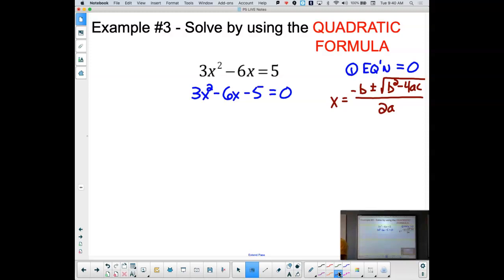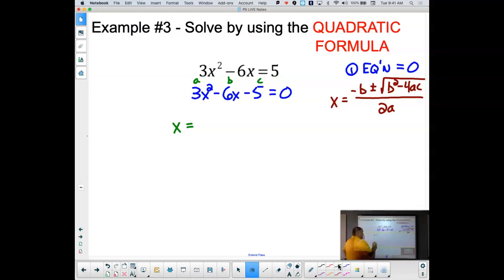One of those mathematical type things that you should just know. Okay. So then, this becomes x equals, so this is my a, this is my b, and this is my c.